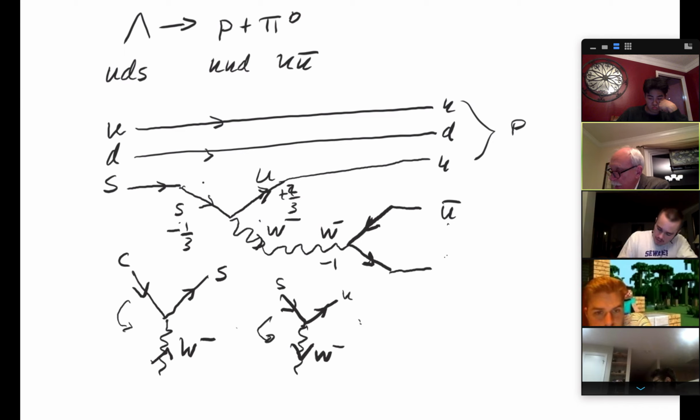So we can have a U bar there and another quark here. And it won't be an antiparticle, right? So we can make a D out of it, for instance.